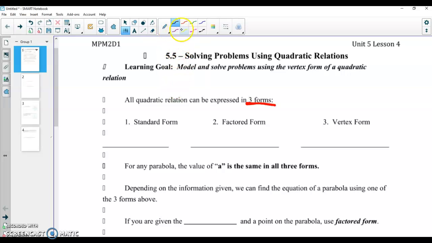So we saw the standard form, which is y is equal to ax squared plus bx plus c.